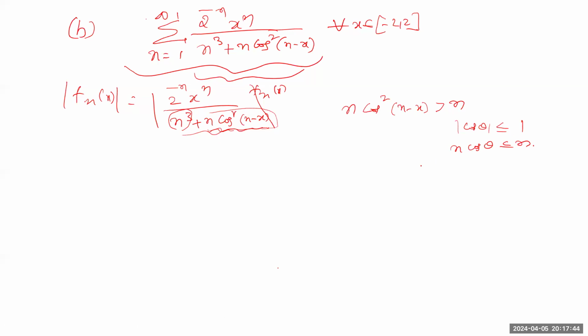So n cube plus n cos theta is less than or equal to n cube plus n.